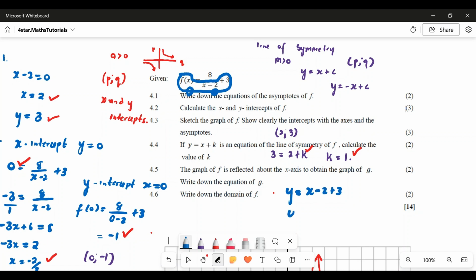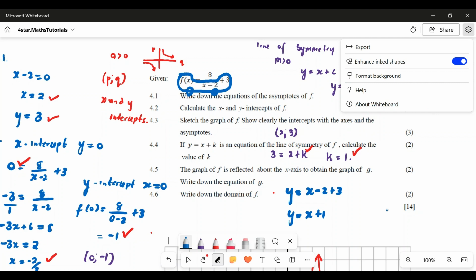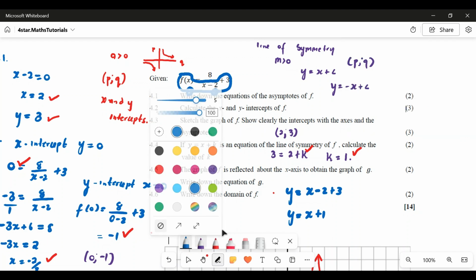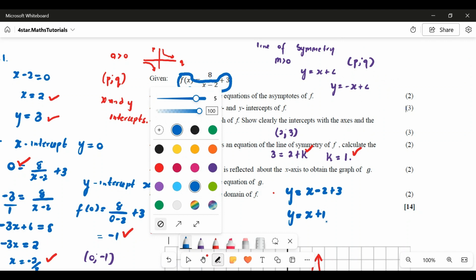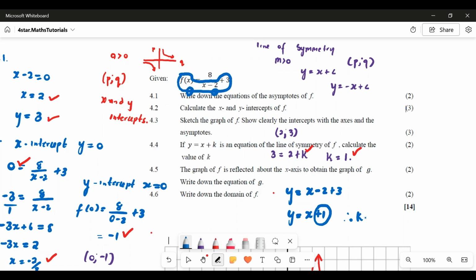Then if I simplify this, I'm going to have y is equals to x plus 1, this one plus this one is 1. Then what is the value of k? The value of k is a constant. Therefore, the value of k is equals to 1.